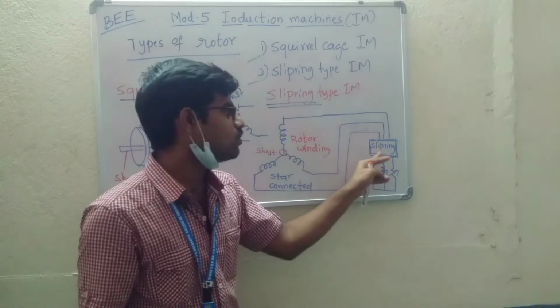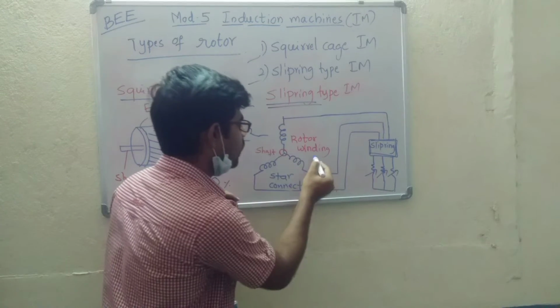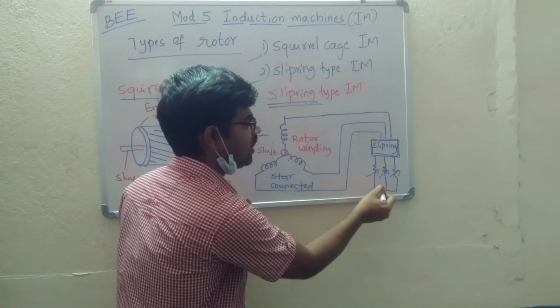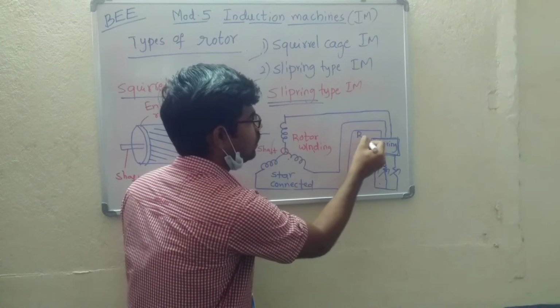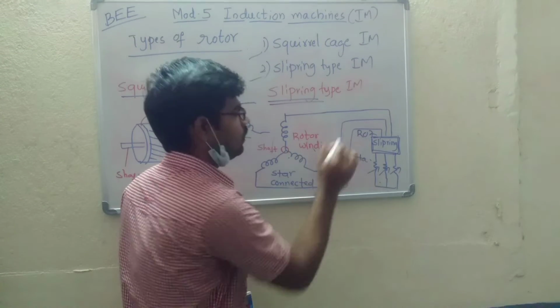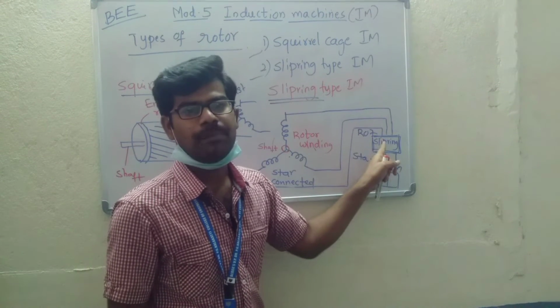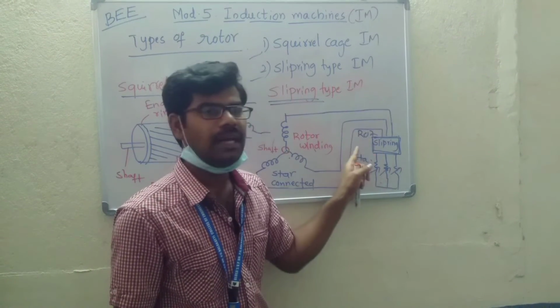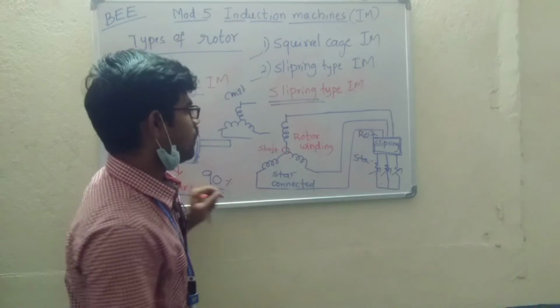Three phases are connected to slip rings. Why? Because the rotor is rotational in nature and the external circuit is stationary. To convert rotation to stationary, we are using the slip ring type induction motor. So what happens here?